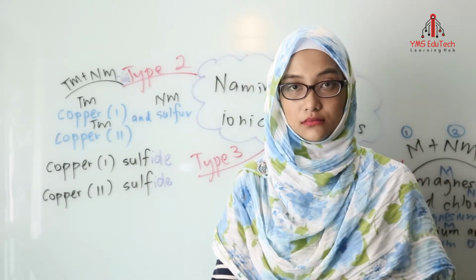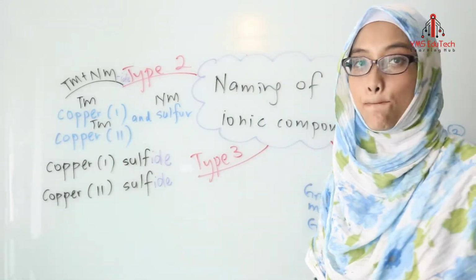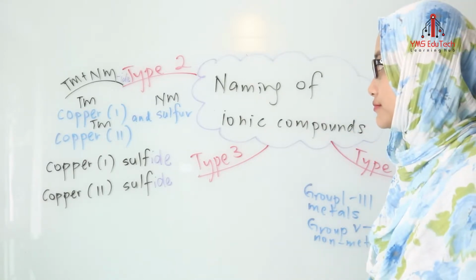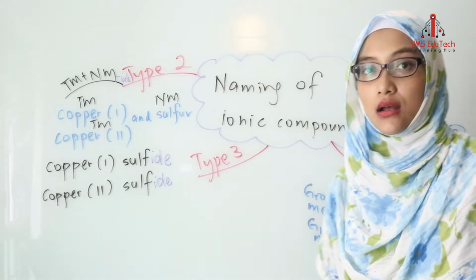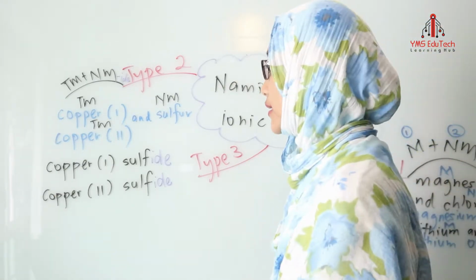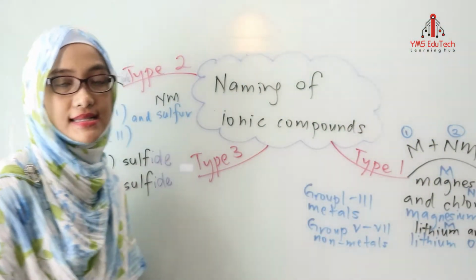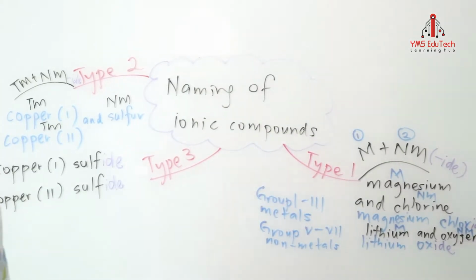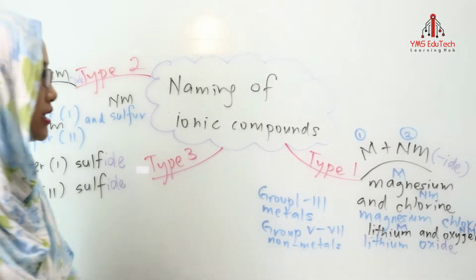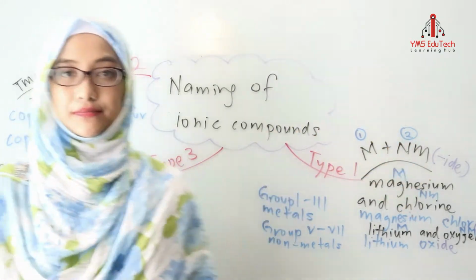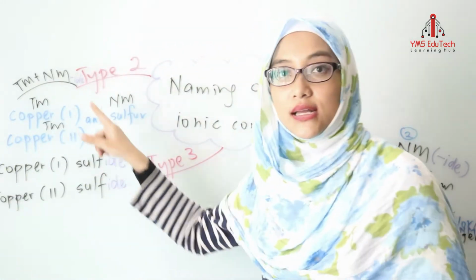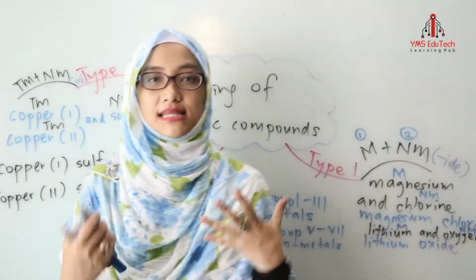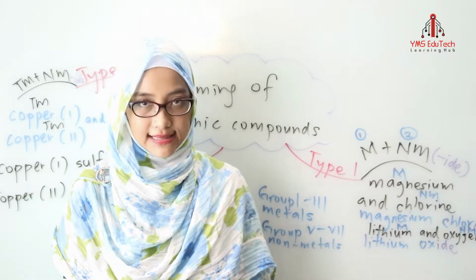Okay? That's quite straightforward. As you can see, type 1 and type 2 are quite similar because these two types involve metal and non-metal. Type 2, transition metals and non-metals, and the non-metals must end with IDE.